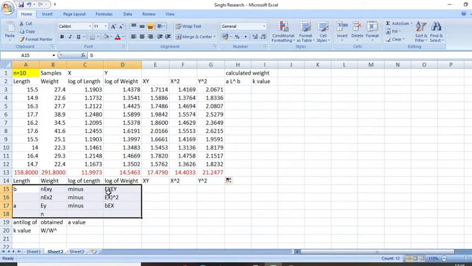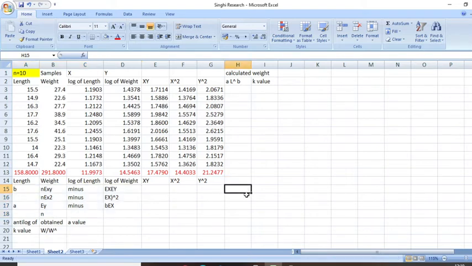The entire thing is divided by n into summation of x square minus summation of x the whole square, and you will get the b value. Similarly, for a value you have to take summation of y minus b into summation of x, the whole divided by n. So one by one we will do it.